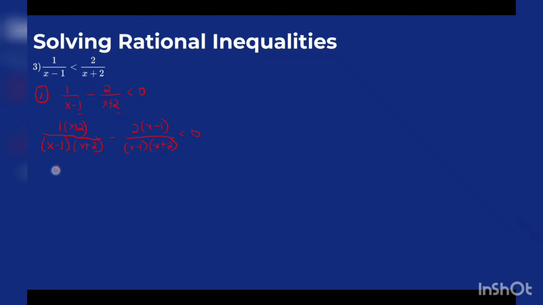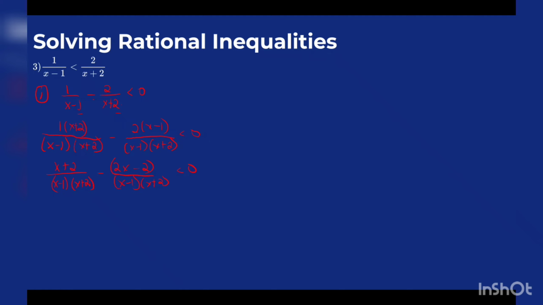Simplifying, this is x plus 2 over x minus 1 times x plus 2 minus 2 times x minus 1 is 2x minus 2 all over x minus 1 times x plus 2 is less than 0.